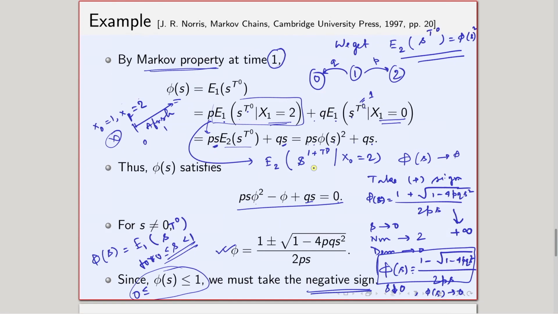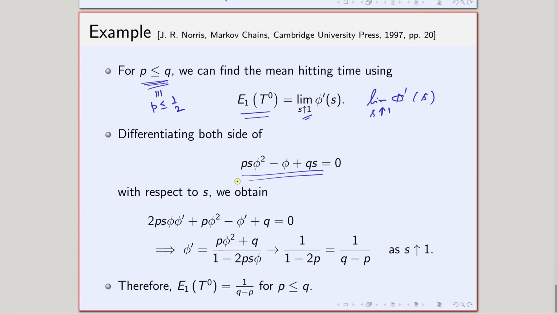This is nothing but the same as what we got here, that phi of s is what we got here. Okay, this is nothing but the same as this that I have written, and now I take the differentiation on both sides of this equation with respect to s. So if I do this, it turns out to be 2 phi s, this part I keep as it is, then the derivative of this function, which is basically 2 times phi prime, because phi is a function of s also.